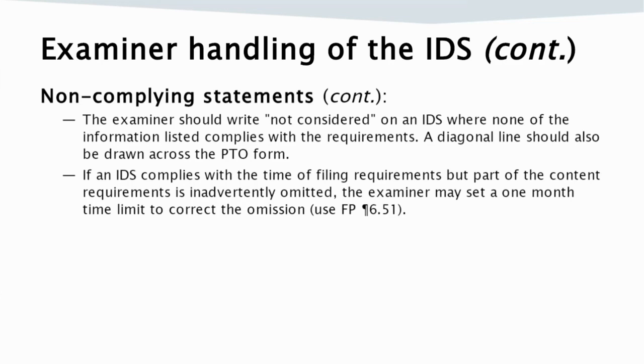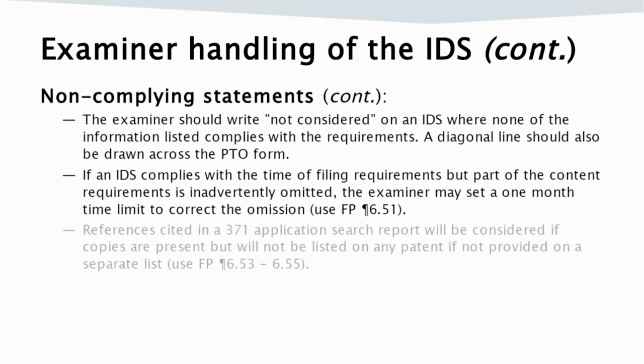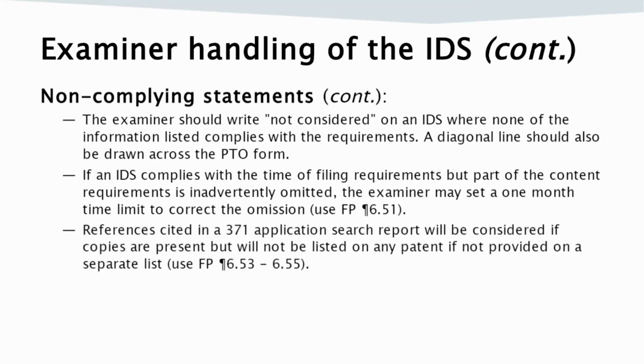If an item is not considered, then the examiner should explain why the item was not considered in their office action using one of the provided form paragraphs. If an IDS complies with the time of filing requirements, but part of the content requirements is inadvertently omitted, the examiner may set a 1-month time limit to correct the omission.